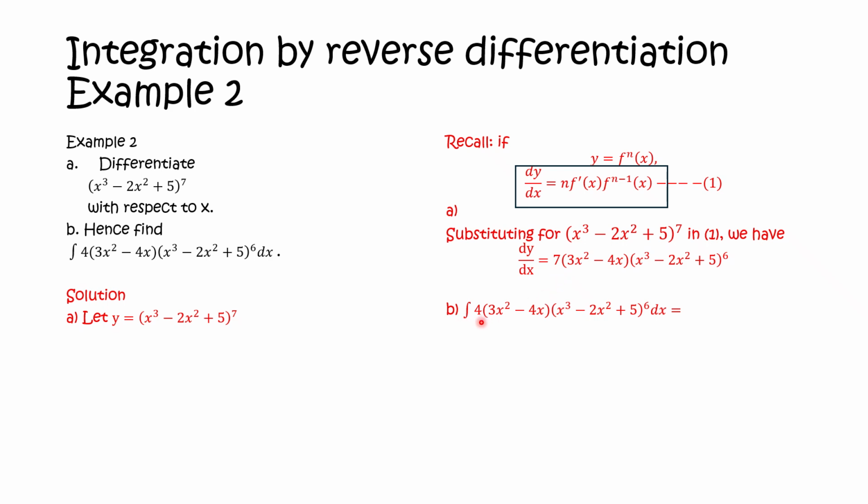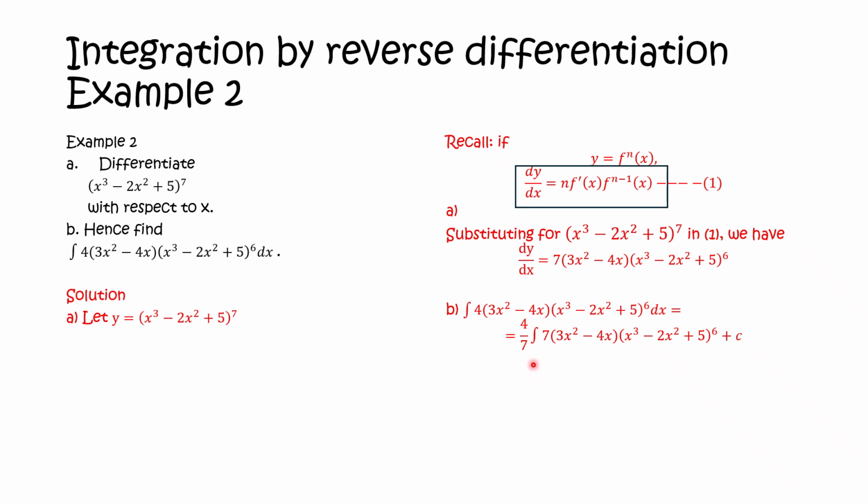So in order to deal with that, we take out the 4, we place it outside the integral, and introduce a 7, at the same time dividing by a 7. Why? Because 7 over 7 is as good as 1. So multiplying any number by a 1 does not change that particular number or function.